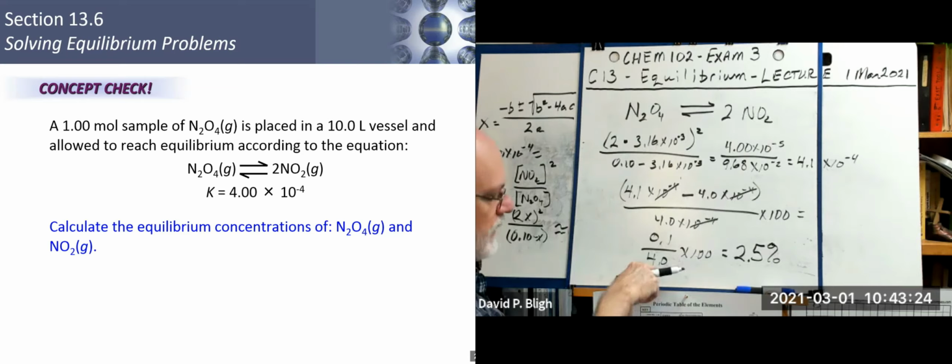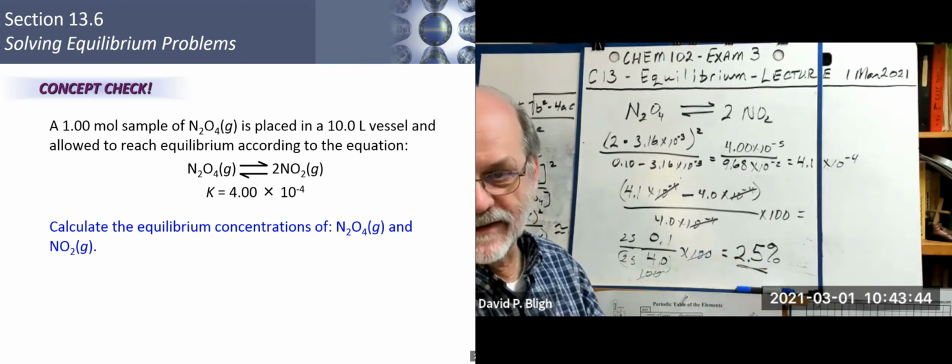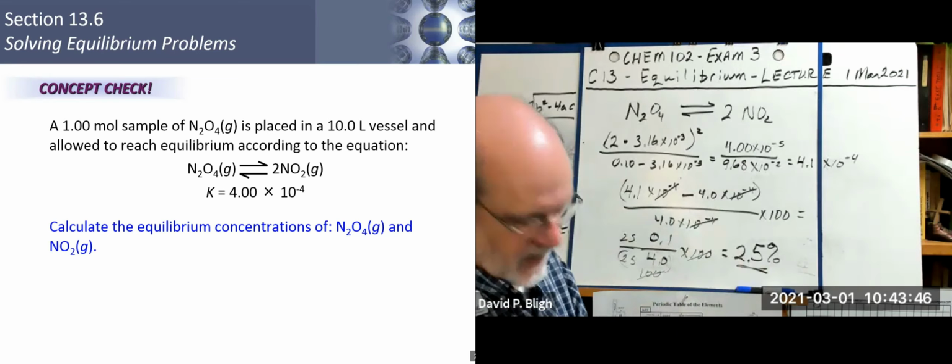What I was going to do is say, all right, what does it take to make that 100? 25, right? So we say 25 times 25. All right, so that makes this one 100, which cancels that one. And 25 times 0.1 is 2.5. So you can do it in your head if you have experience with that.